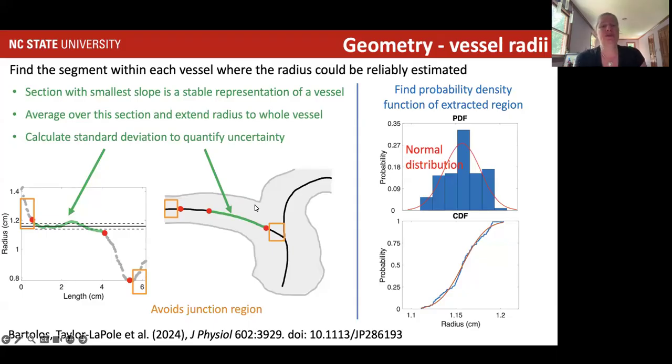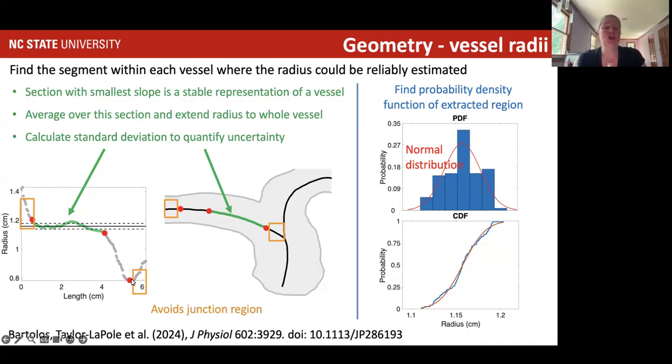So what we did was we used statistical change points to identify changes in the radius estimate we have at each voxel along the vessel. And then we found the change points. The red dots here denote the change points. It's an algorithm that you just let run on each vessel.